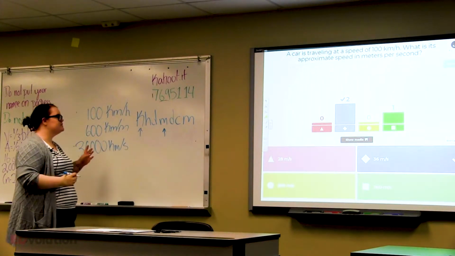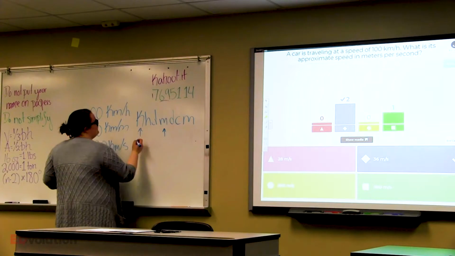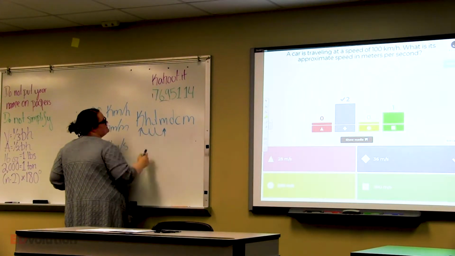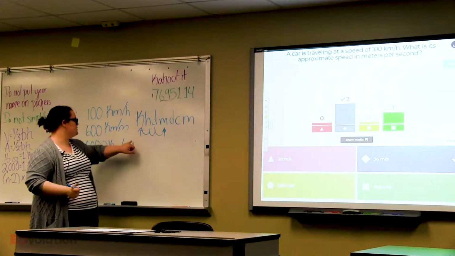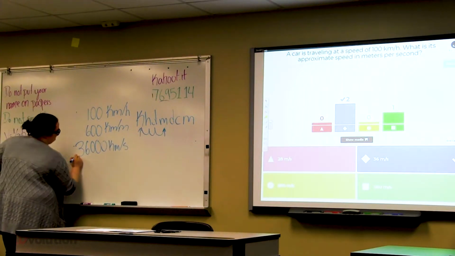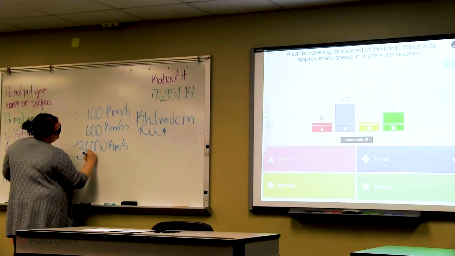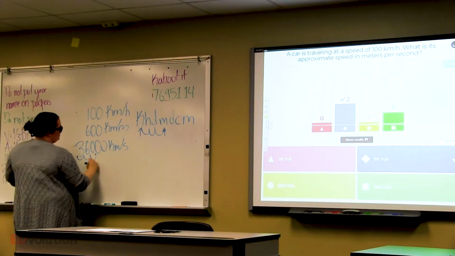So the metric system is all based on a base 10 system. So we can move our decimal point 1, 2, 3 places in order to go from kilometers to meters. So if we started with our decimal point here, we go 1, 2, 3.